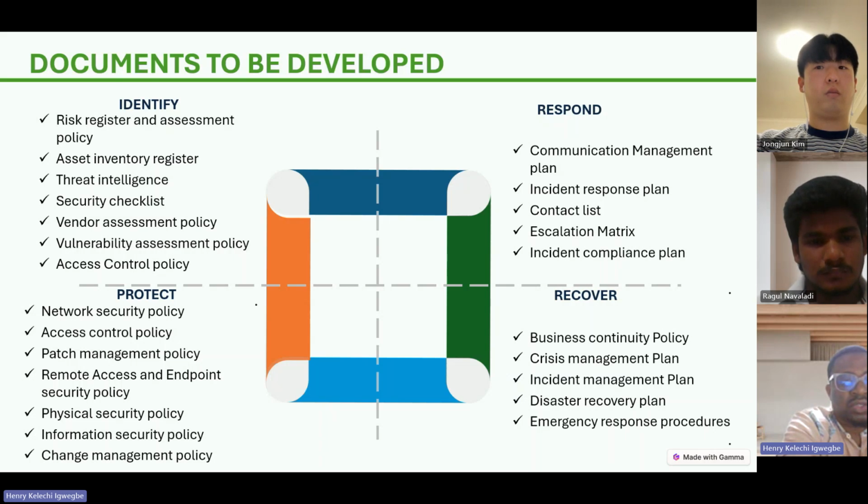At the recover function, a lot of documents need to be developed, such as the business continuity policy, crisis management plan, incident management plan, disaster recovery plan, emergency response procedure, amongst others.